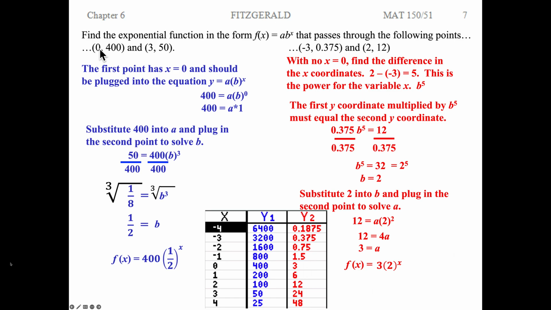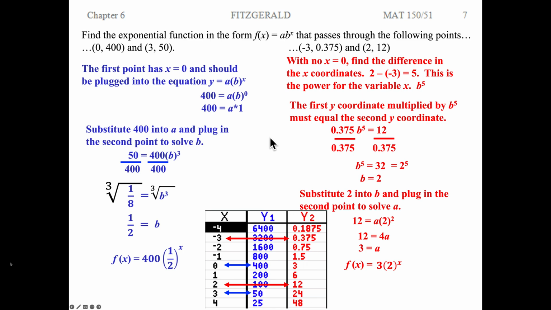So 0, 400, 3, 50 for y1. There's 0, 400, 3 and 50. Those points match up with my function. Over here, our x's were negative 3 and 2 for our second function. Negative 3, there's the 0.375, 2 and 12. That's our second point.